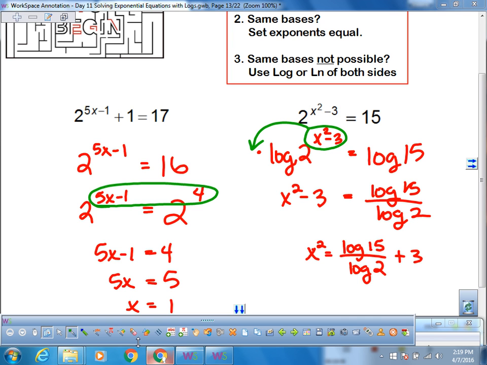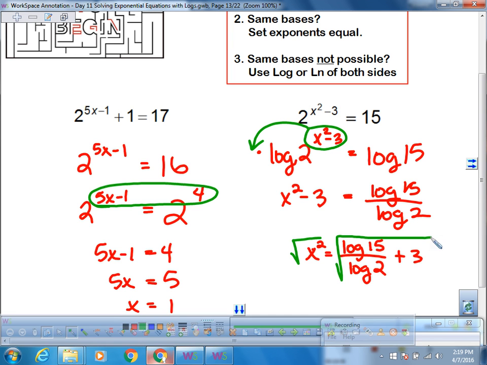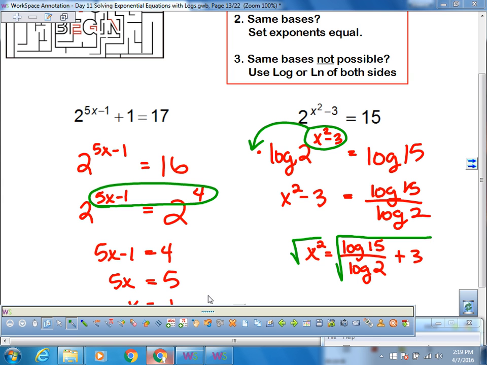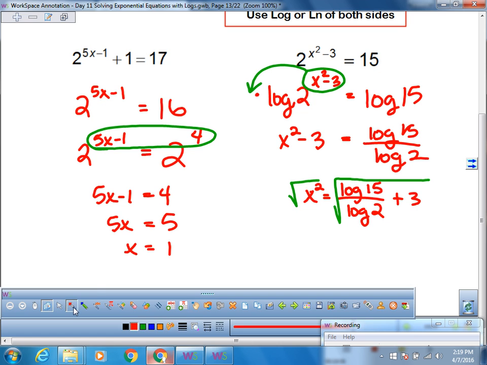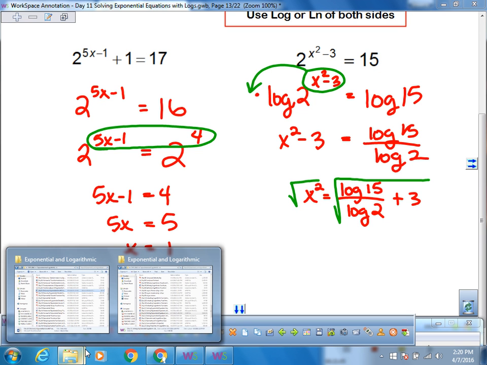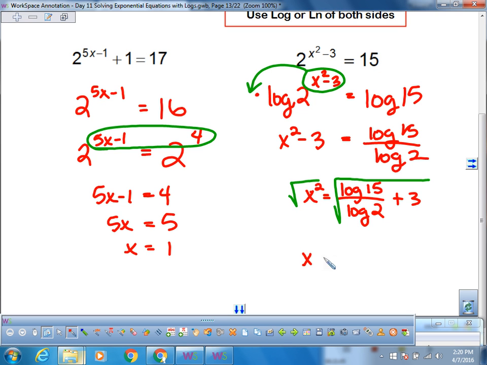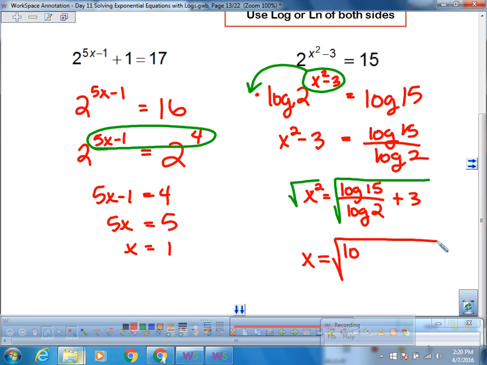Square root both sides. The square root of log 16 divided by log 2.